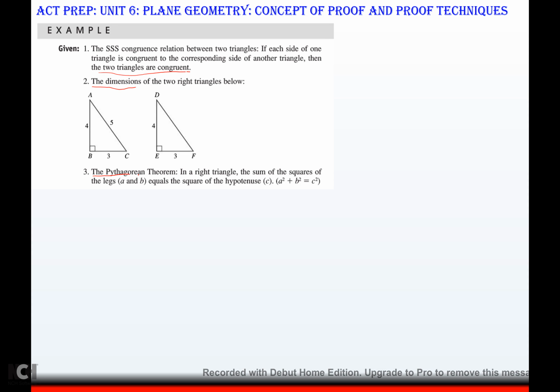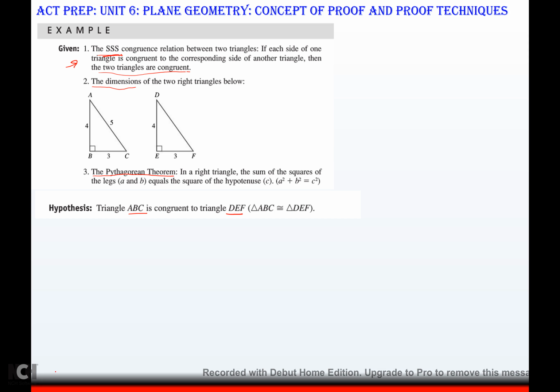And 3, you're also told that by the Pythagorean theorem, in a right triangle, the sum of the squares of the legs, A and B, equals the square of the hypotenuse. So A squared plus B squared equals C squared. So my hypothesis is that ABC is congruent to DEF. And all I have to do is basically show that the three sides are equal, and I can use this theorem to say, therefore, the triangles are congruent.